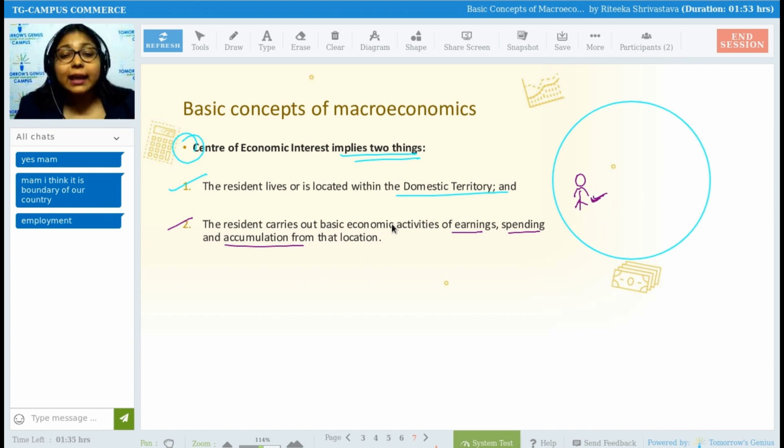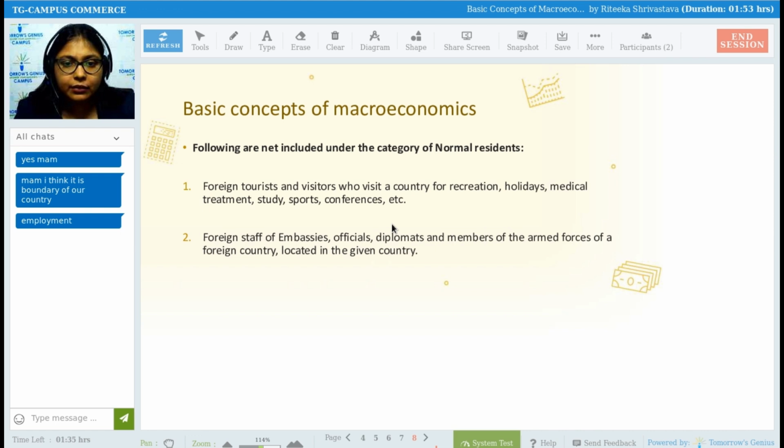Economic activities like earning, spending, saving, everything should be done inside that country only. Only then we can say that person is a normal resident. Now here, a normal resident can be an individual person. It can also be an institution.